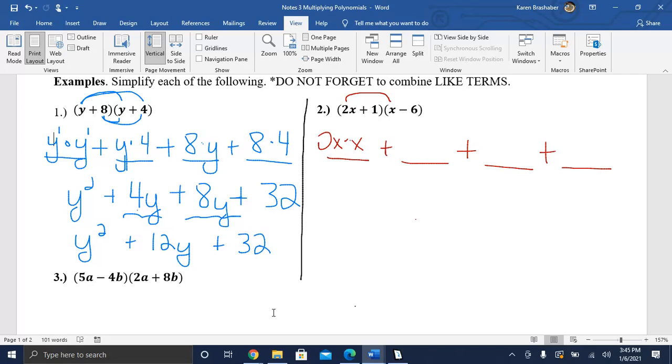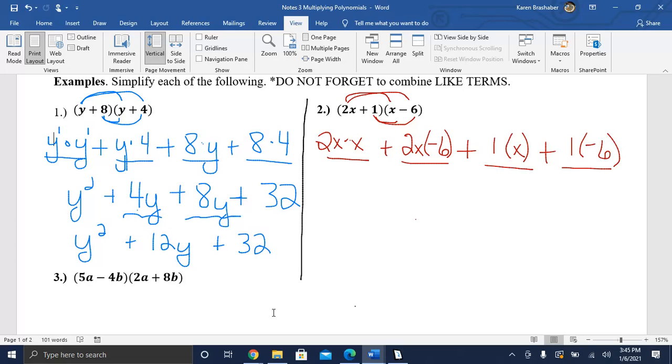And then I'll be taking 2x times negative 6. Then I'll be multiplying 1 times x. And finally, 1 times negative 6.